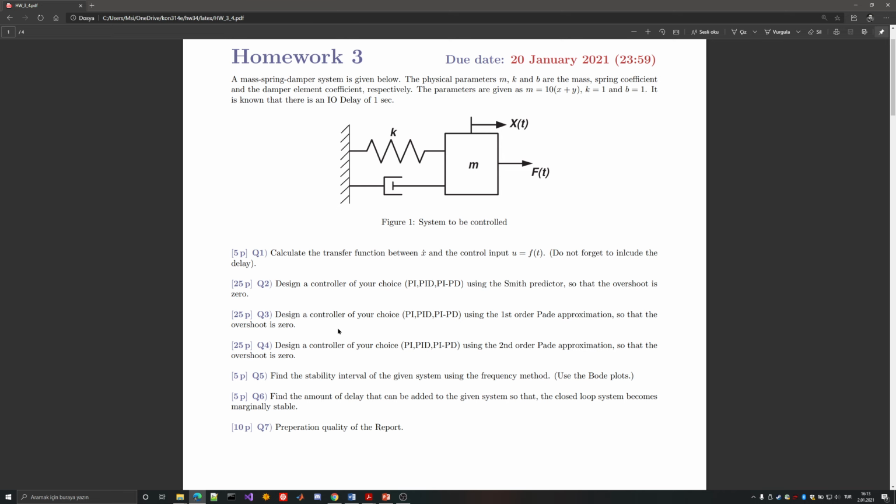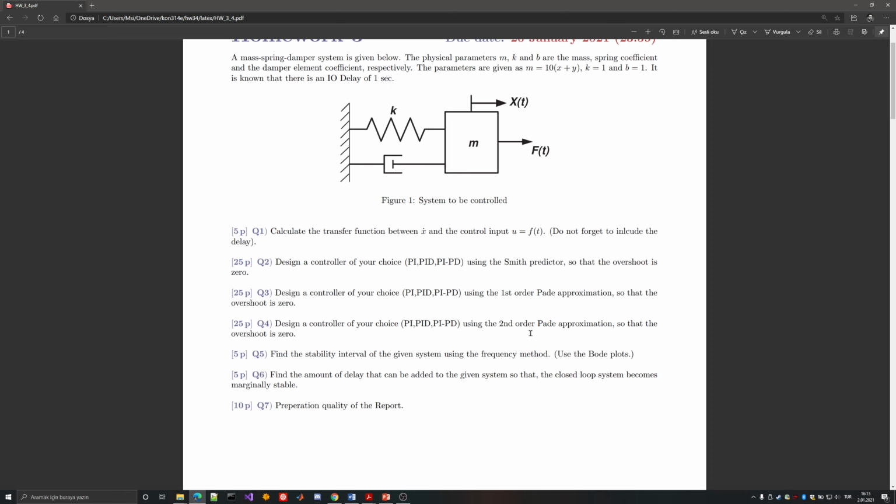The next question is as follows. You have to design a controller of your choice again, but this time, instead of the Smith predictor, you will use the first order Padé approximation. The next question is about the second order Padé approximation. So basically, these 3 questions are used to design 3 different controllers for the same system.